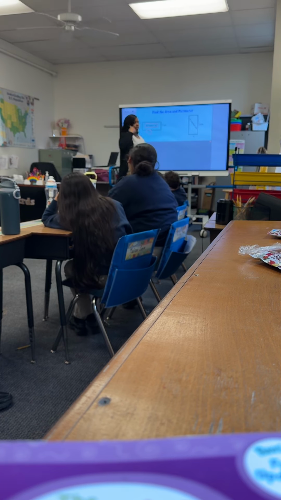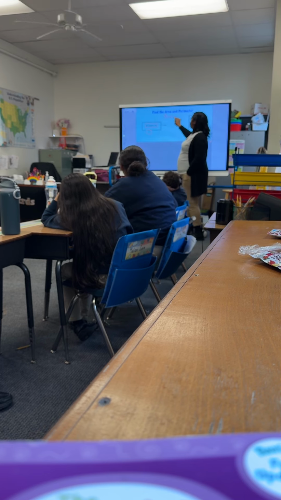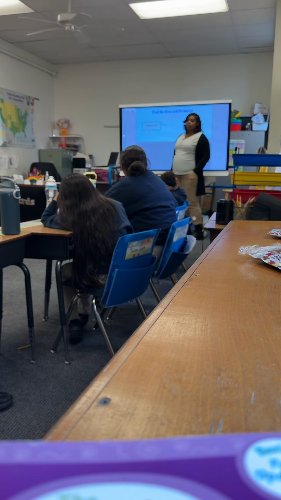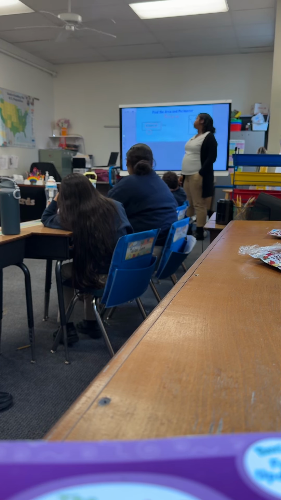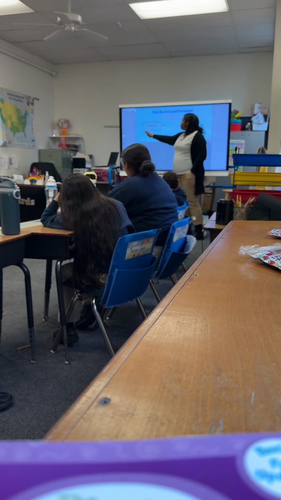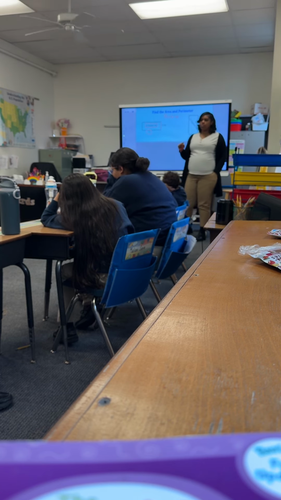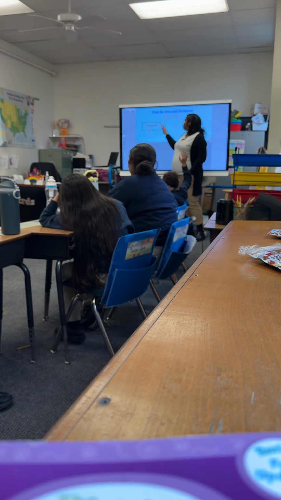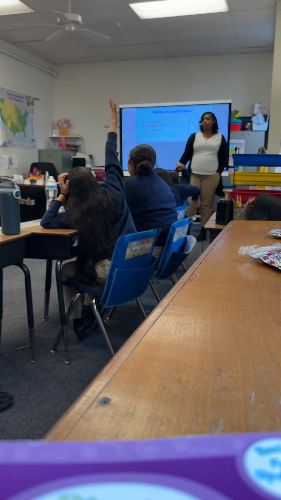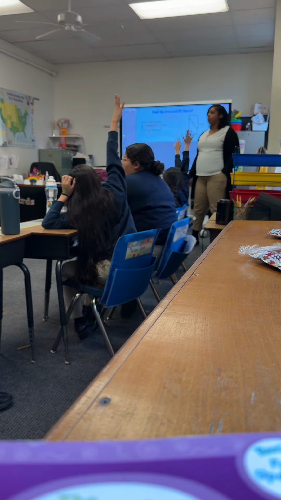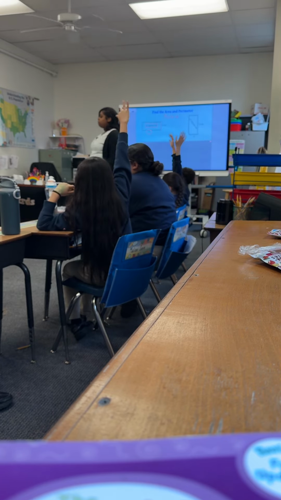In my head, I'm going to think to myself, because I know that area is length times width, and I know my area is 12, and I know my length is 2, I need to figure out what the width could be if the area is 12 and the length is 2. What number multiplied by 2 will give me 12?